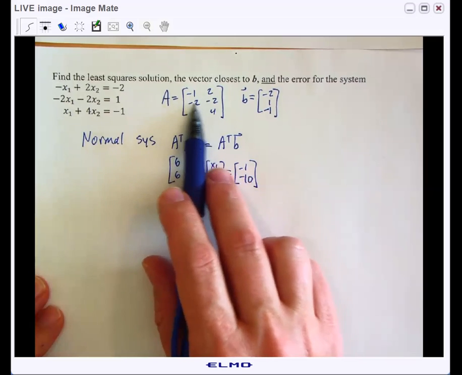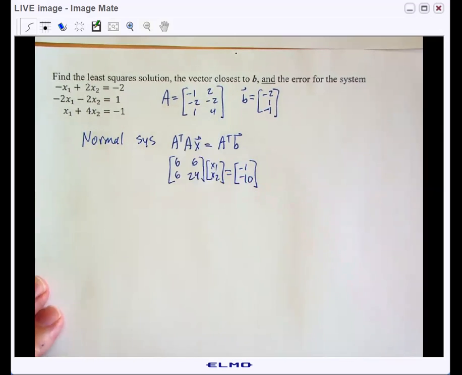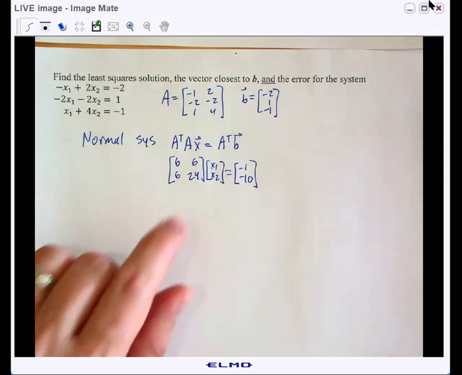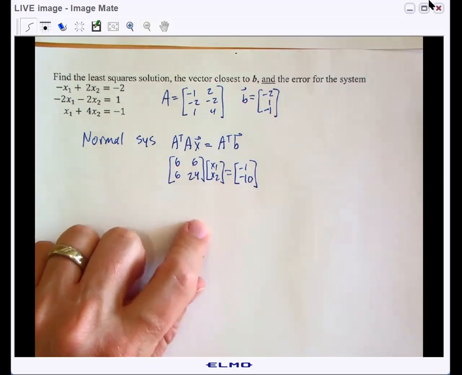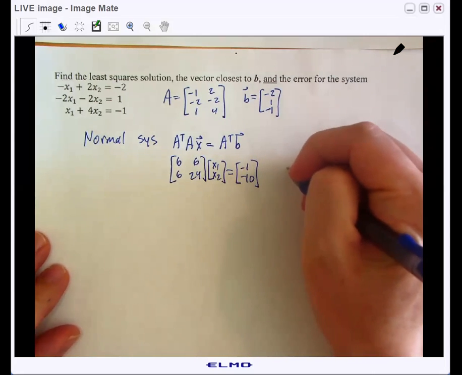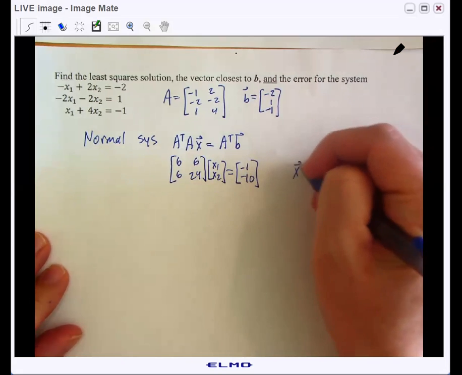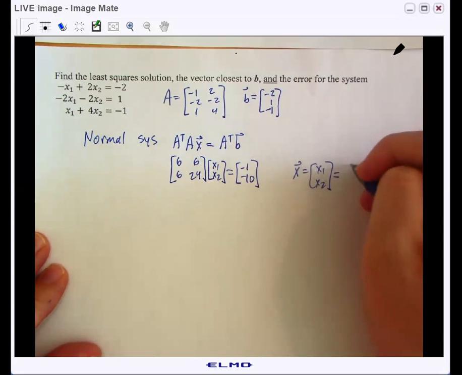They are not scalar multiples of each other, which is the easy way to check if you only have two vectors. And so we can find the solution for X either using the inverse of this matrix or augmenting and RREF. Okay, so when we do this, I find out that the X vector, in other words x1, x2, is 1/3 and negative 1/2.